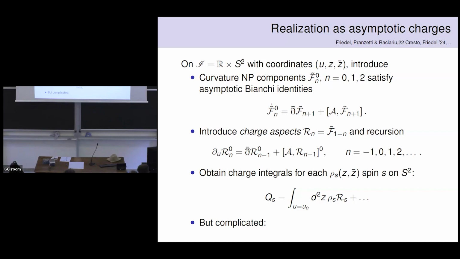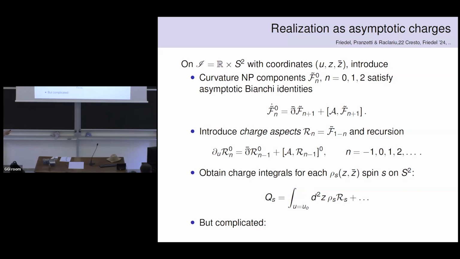We'll call these curvatures, these are the anti-self-dual curvatures now, the F tildes. Notationally, I'm sorry, the tildes come and go, and there'll be some tildes the other way later on. These are shifts in conventions here, to agree with the Freidel, Pranzetti, Raclariu conventions. And so you can build a sequence of calligraphic R_n, which extend the curvature components at null infinity.